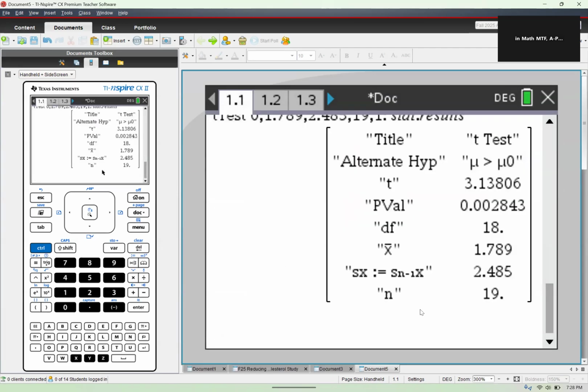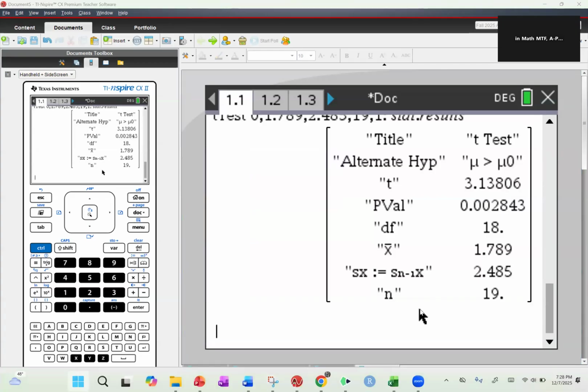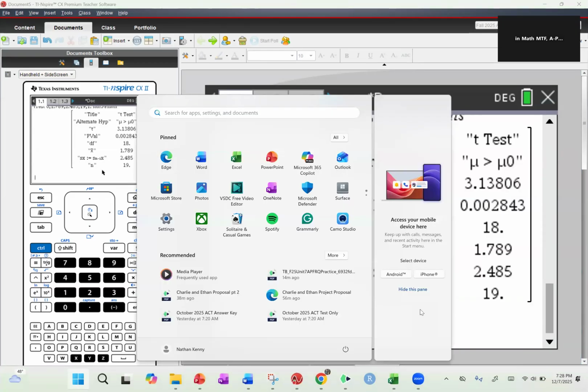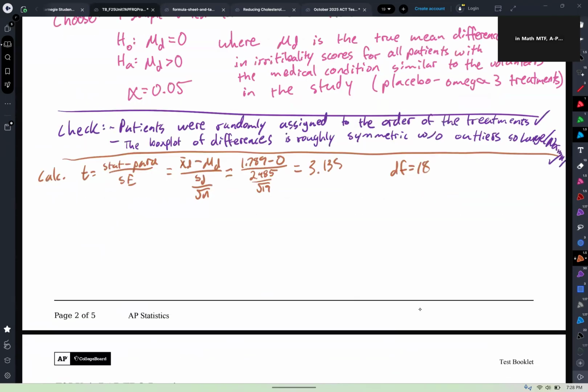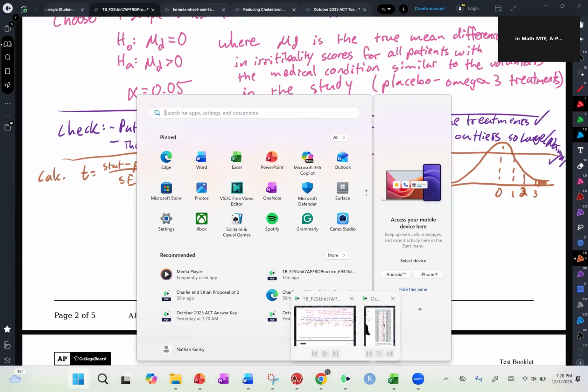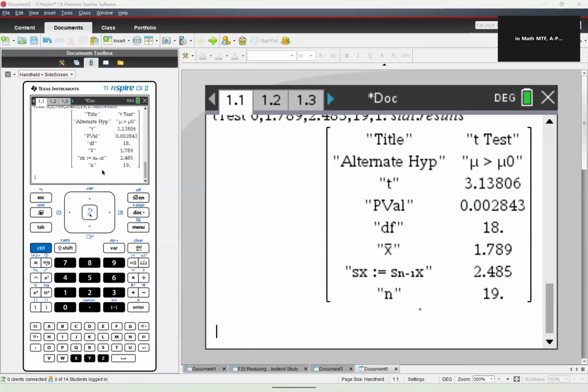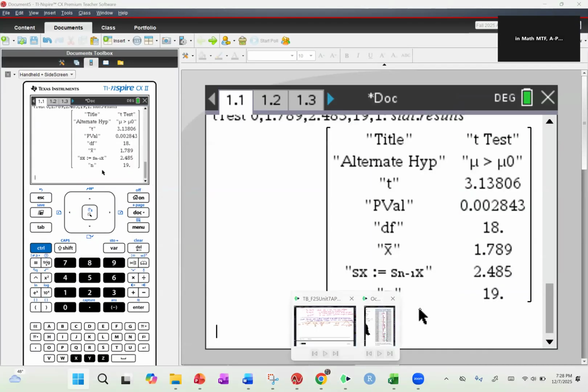And so, man, that was way higher than I ever thought it was going to be. 3.138, degrees of freedom of 18. And it's only going to be that little tail, p-value to 0.0028.